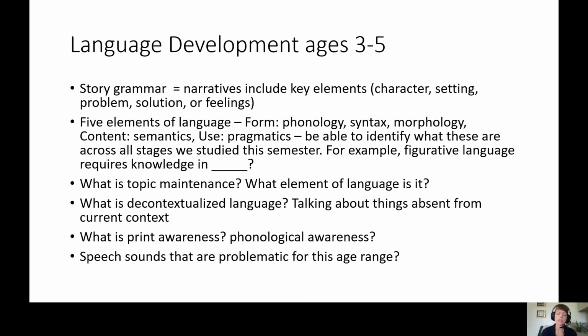But if I were to talk to you about a pen that is outside my context, that isn't in the present environment, and let's say I want to describe, I have a pen and it doesn't have a lid and it has glitter in it, and when I write with it, glitter comes out. I don't have that glitter pen in my context. So that would be decontextualized language. And that requires a higher level of cognition in the speaker to be able to think and talk about things that are absent from the current context. And this is something that these children are gaining during ages 3 to 5.